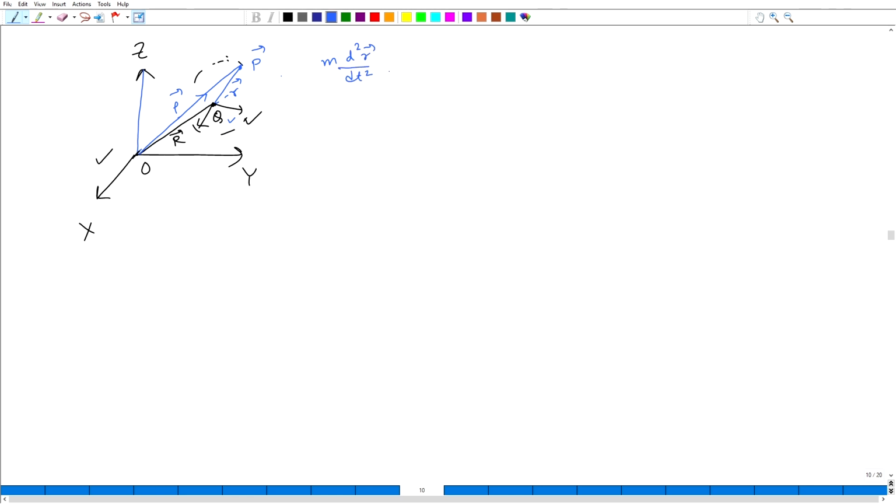We know from normal vector algebra that rho is equal to capital R plus small r, and that is why d2 rho dt2 is simply d2 R dt2 plus d2 small r dt2.